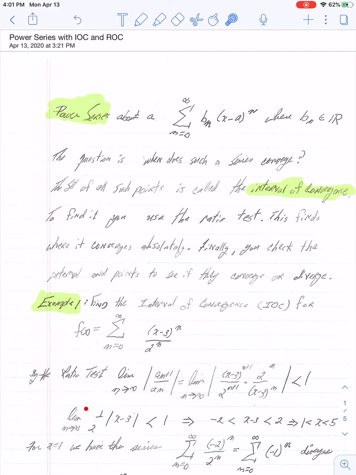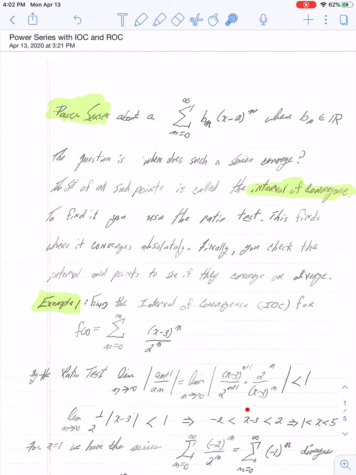I want to take the limit as n tends to infinity. Well, you don't see an n there, so the limit is just that. So what I get is 1/2 absolute value of x minus 3 less than 1, which by the way is the same as absolute value of x minus 3 less than 2.